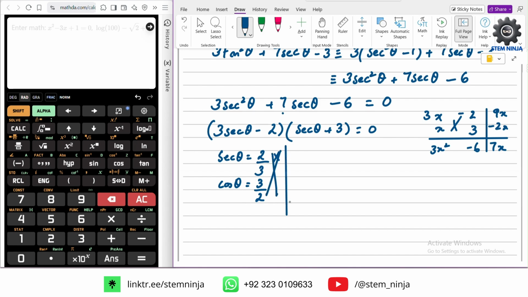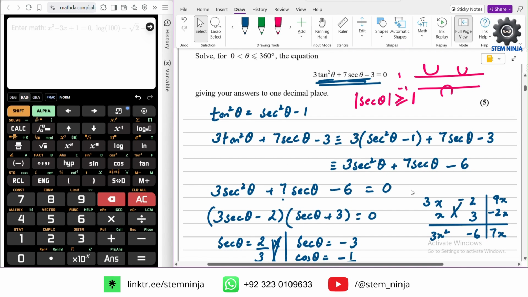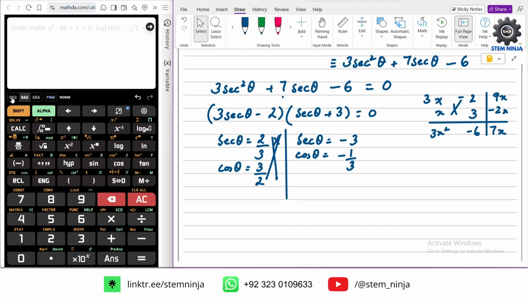However, the other one, secant theta equals minus 3, will lead us to cos theta equals minus 1 over 3. And now we can actually solve this. So when we do, this is in degrees, right? The cos inverse of 1 divided by 3, you get 70.